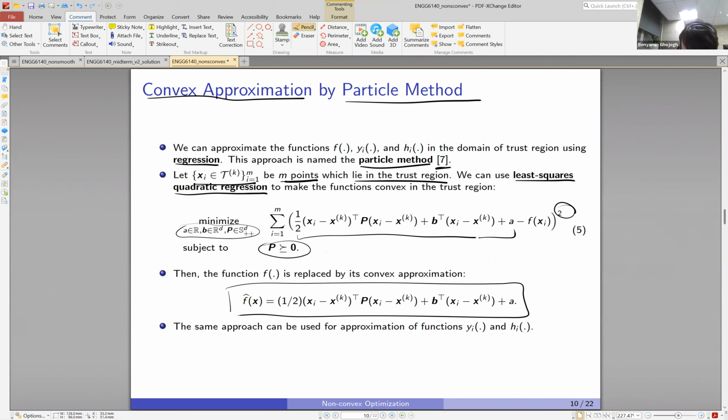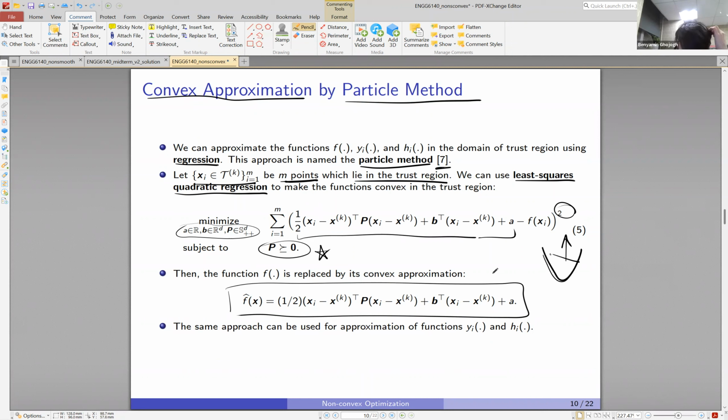By the way, why should we have P positive semi-definite? Because, of course, this needs to be positive semi-definite for this to be a convex function. This is a quadratic function, and the quadratic function needs to be facing up in order to be convex, like this, right?